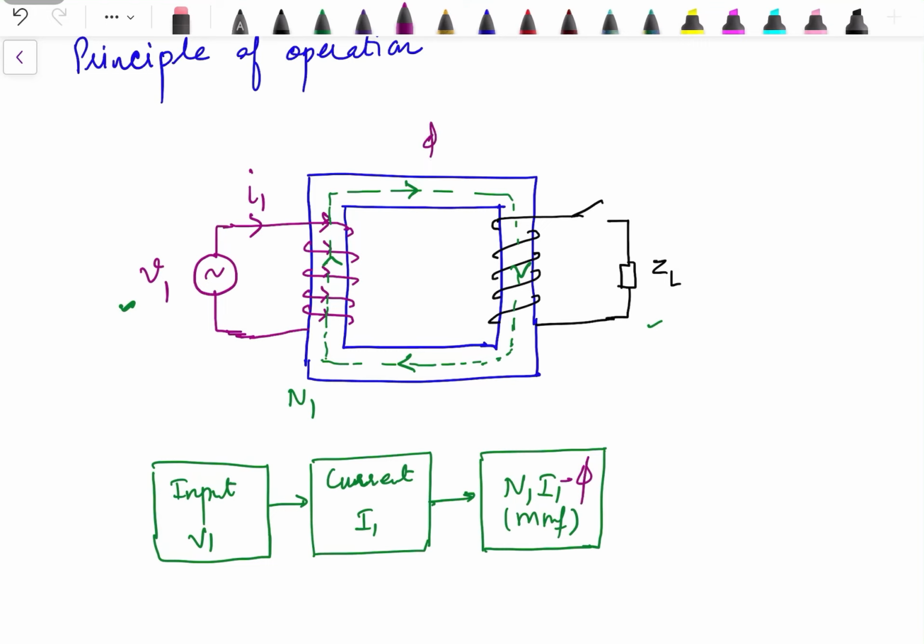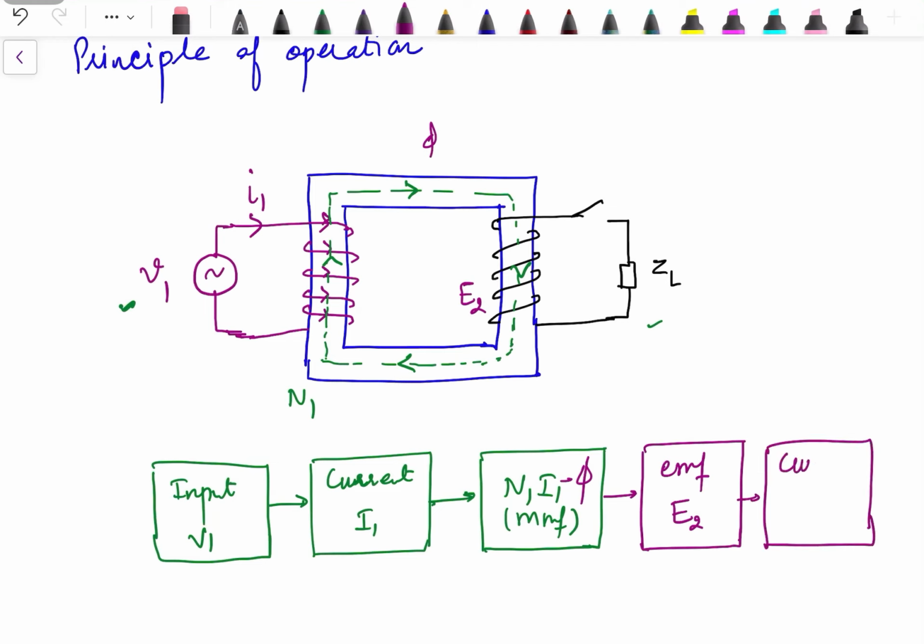That flux phi flows through the magnetic core, and it links with the second winding, so that will lead to an induced EMF in the second winding, denoted by E2. And if the circuit is closed, then there is flow of current I2. So if the switch is closed, there will be flow of current I2.